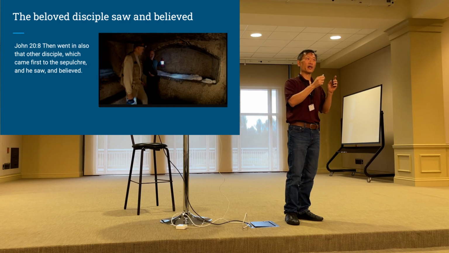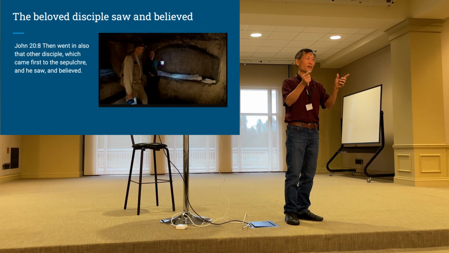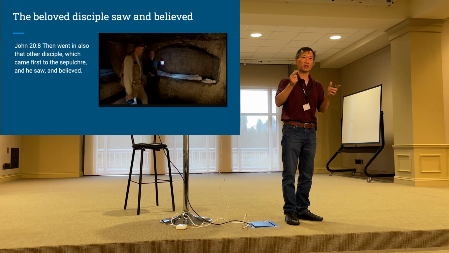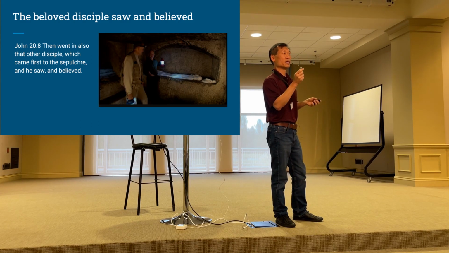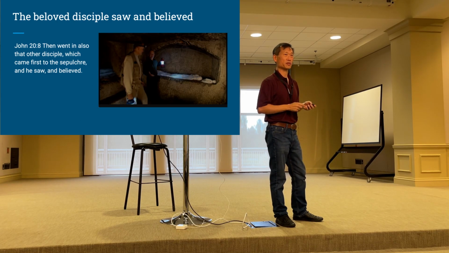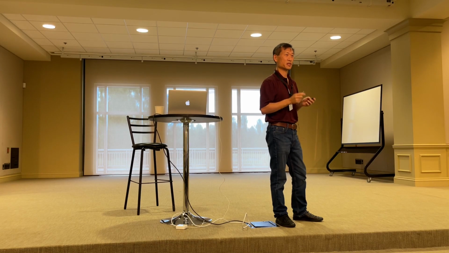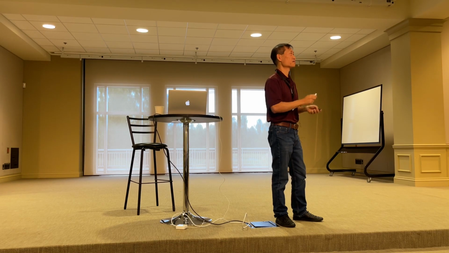And because he saw that, he says, well, the only way to explain that is the body has simply disappeared. It's as if you took a bag of potato chips, it's not even opened, and there's no chips inside. Automatically, you would think someone teleported all those chips away from it, right? And so he was the first to see this, and he believed in the resurrection. This is what I believe that he believed.